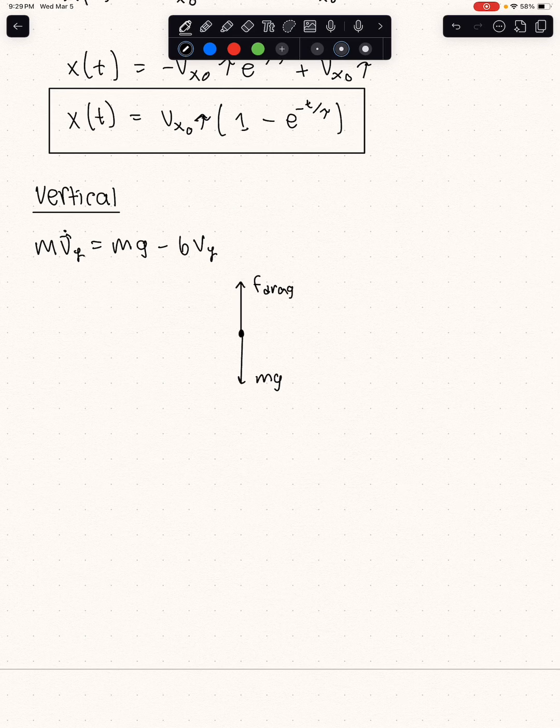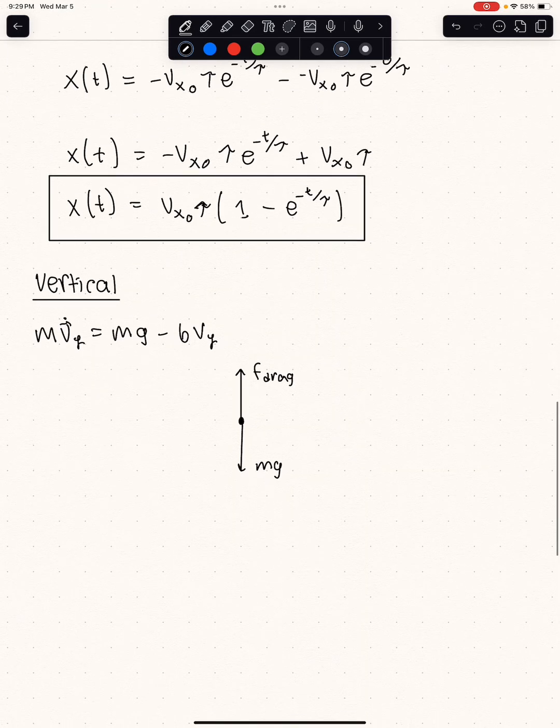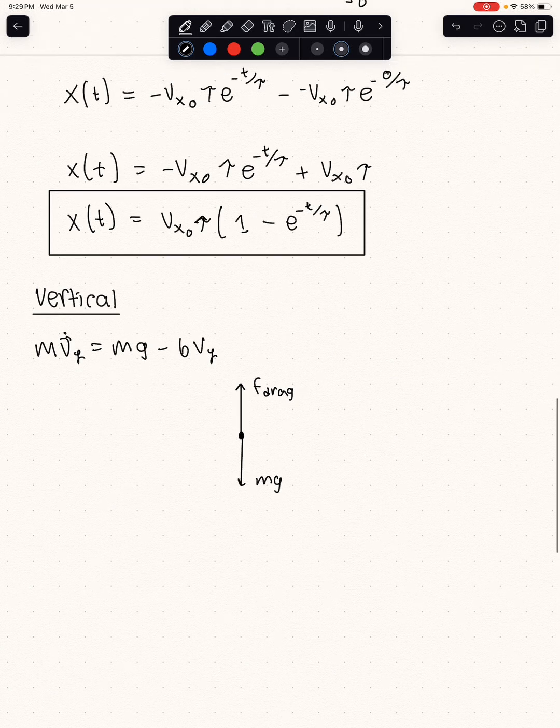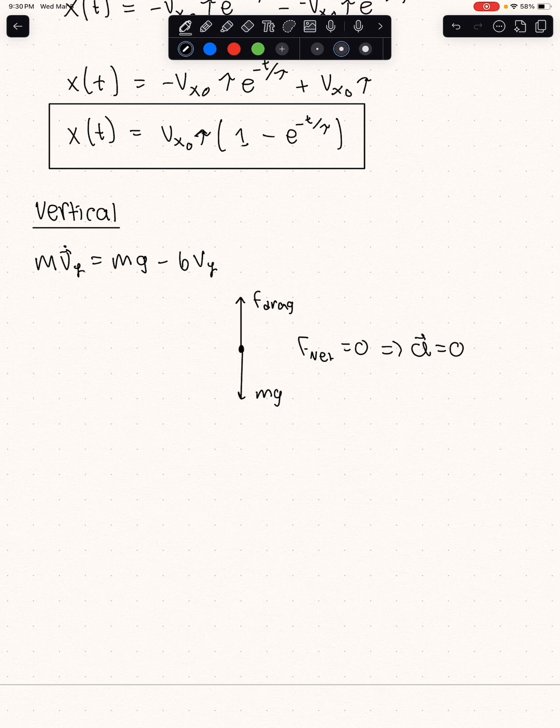Because when that is the case, if you drop a ball from rest and it falls straight down, if the drag force equals the weight force, then the net force is equal to 0. Therefore, the acceleration is equal to 0, and therefore it moves at constant velocity. Right? And that is something we must take into account.